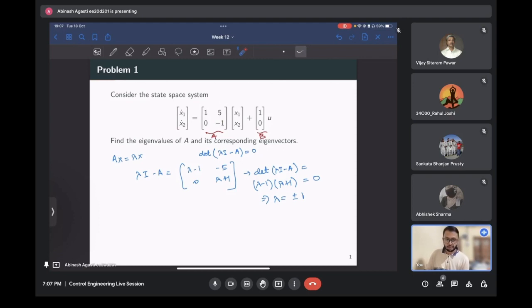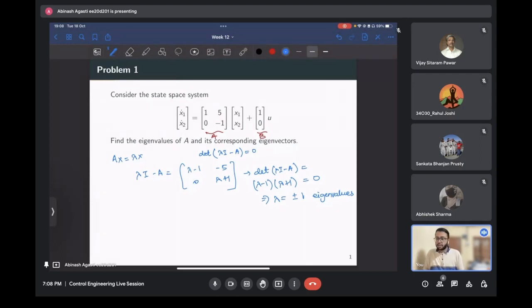So when you have some structure like this, you can say that the diagonal elements are eigenvalues, because when you take the determinant, only those things come out, rest terms are 0, right? So these are the eigenvalues of the matrix A.